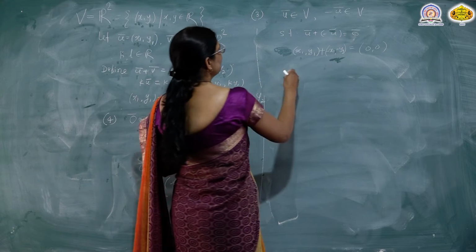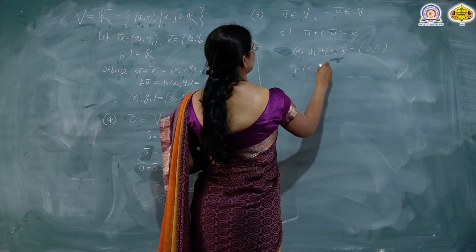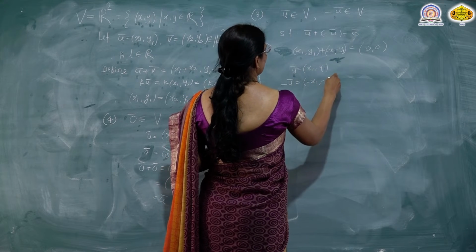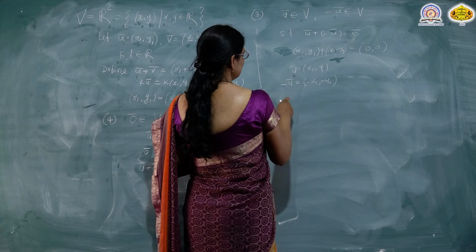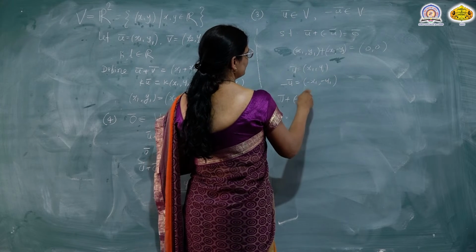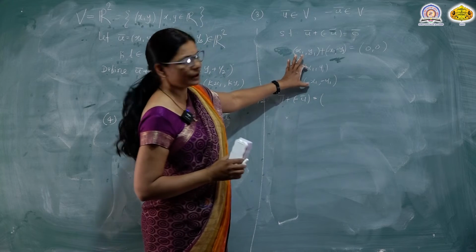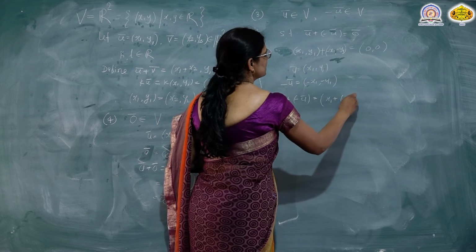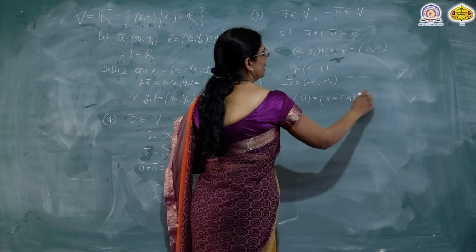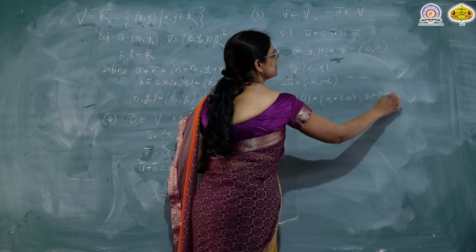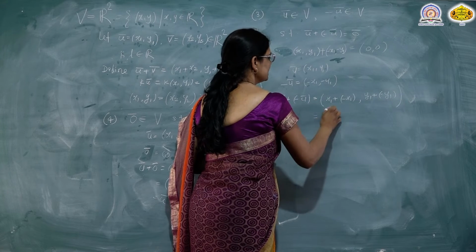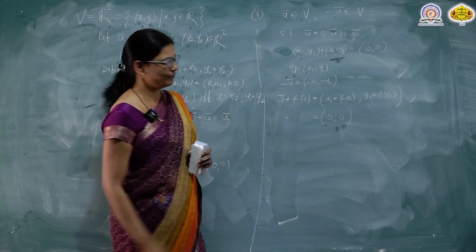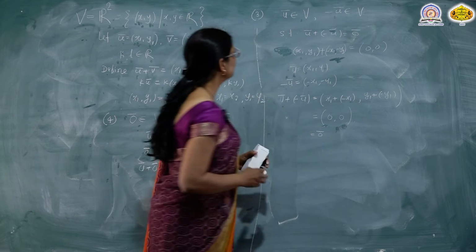Okay. So now u bar equals (x1, y1), and minus u bar equals (minus x1, minus y1). Now add these two vectors. u bar plus minus u bar is component-wise addition: x1 plus minus x1, comma, the second component y1 plus minus y1, which is the same as x1 minus x1 is 0, y1 minus y1 is 0, which equals the 0 vector.